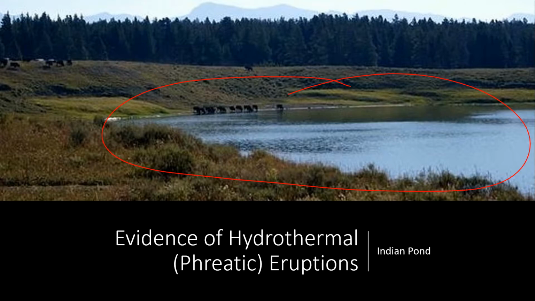Pieces of this explosion have been found 3 kilometers away from the pond. Although it's not shown here, there's a much bigger crater of a hydrothermal eruption really close to this Indian pond. It's called Mary Bay. It's actually a lobe on Yellowstone Lake.